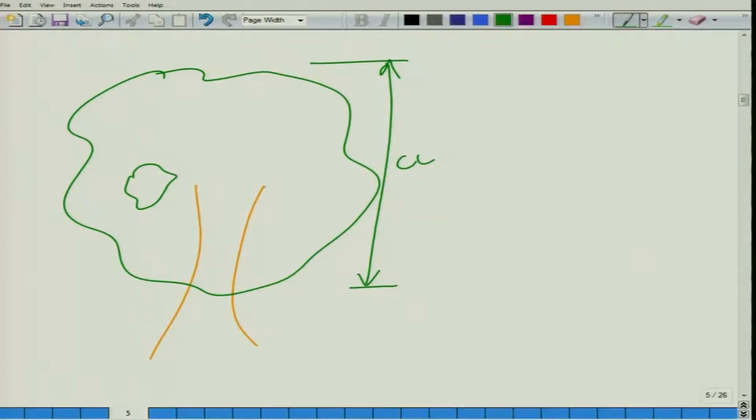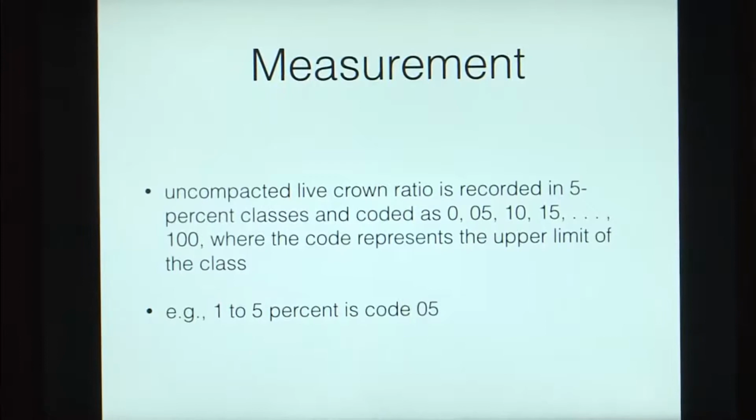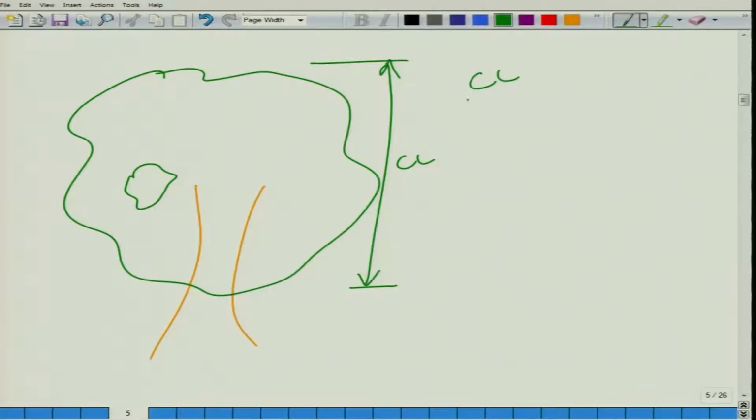Now, coming back to the slides, how is it measured? The uncompacted live crown ratio is recorded in 5% classes and coded as 0, 5, 10, 15, and so on up till 100. Because this is a ratio of crown length upon height into 100%, if there is no crown, it will be 0%.